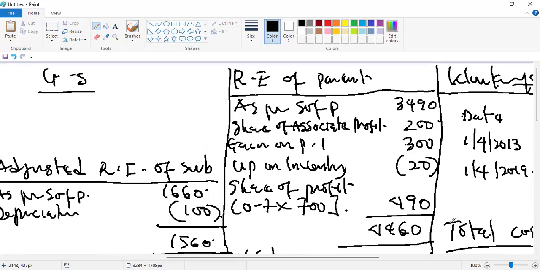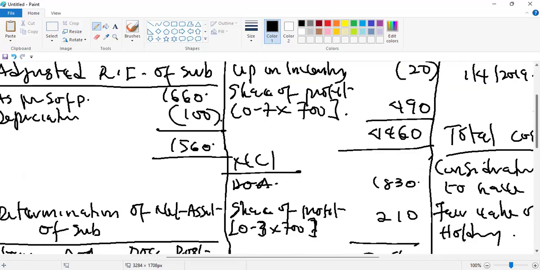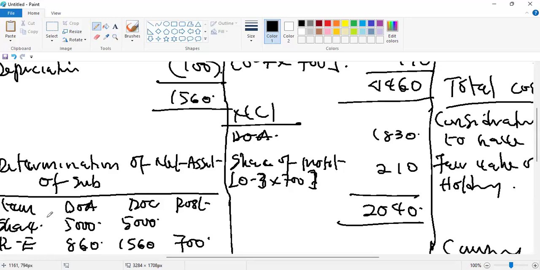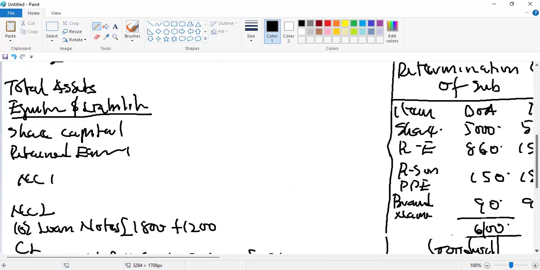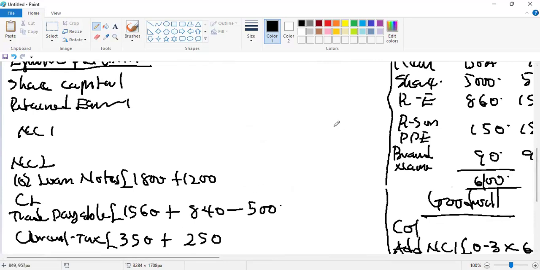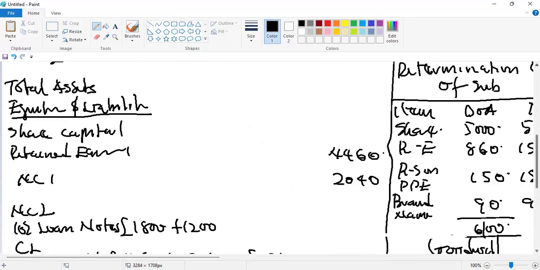I can consolidate now. 4460, NCI 2040. Then what is the share capital of the parent? Please, can you give me the share capital of the parent? 10,000. Thank you. 10,000.